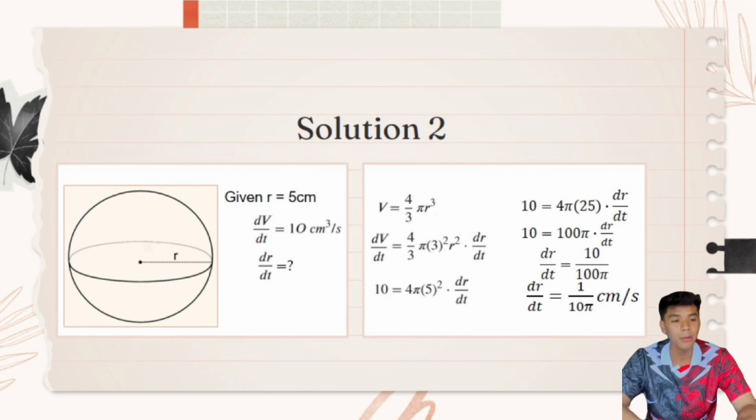After that, we can get 10 equal to 4 pi times 25 times dr over dt, 10 equal to 100 pi times dr over dt. So, dr over dt is 10 over 100 pi. After we simplify it, we can get dr over dt is 1/10 pi cm per second.